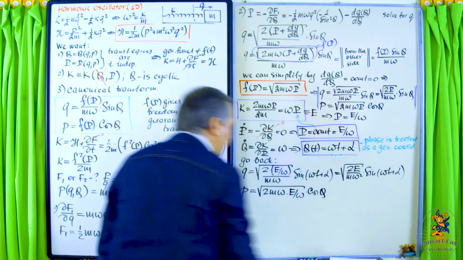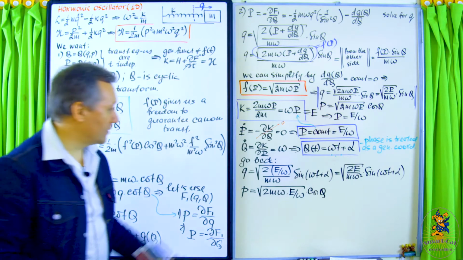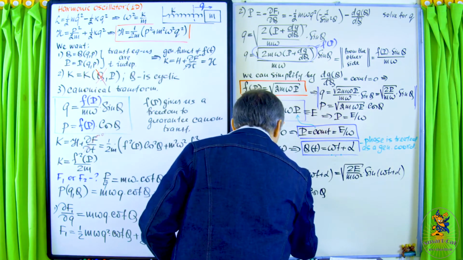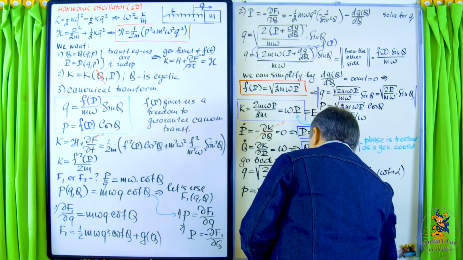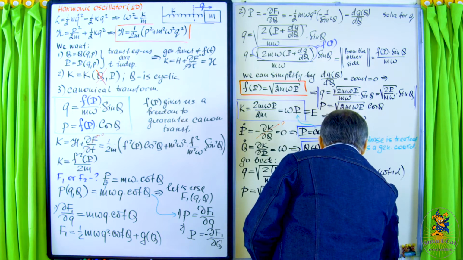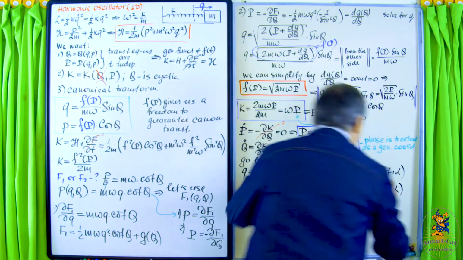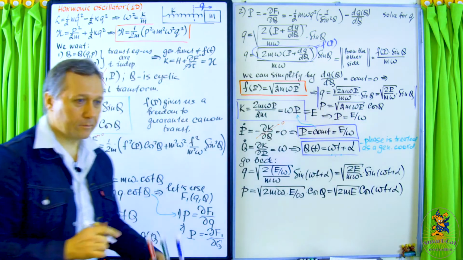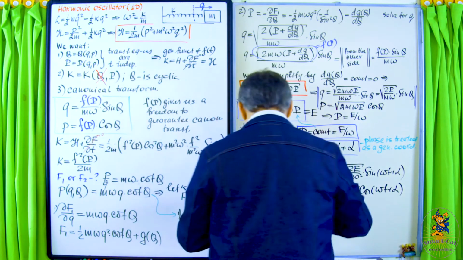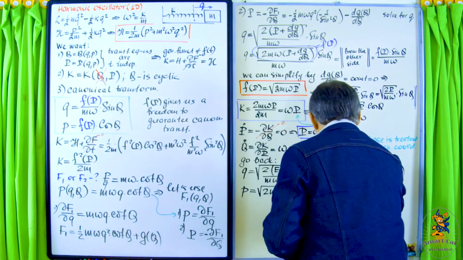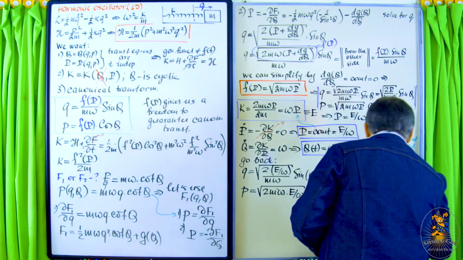Let me write cosine q for now, but next step, to save space, let me cancel omega. So it will be square root of 2mE and cosine of omega t plus alpha. Okay, so that's the final solution, which is of course worth framing with red.